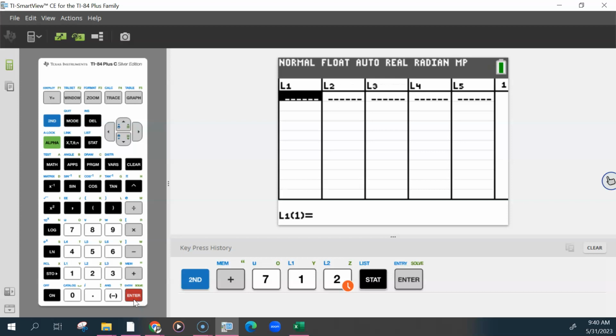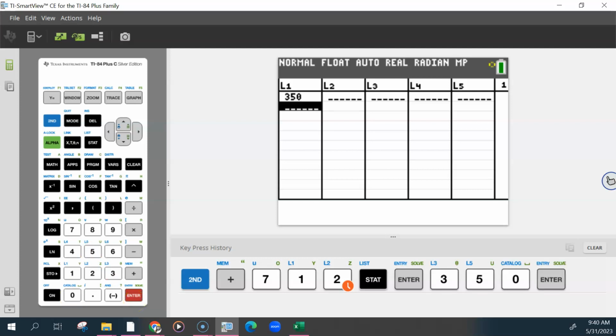You're going to put all the x values in L1 and all the y values in L2. When you type in the numbers, you can either type them in and hit enter, or you can scroll down, hit the down button, either or.